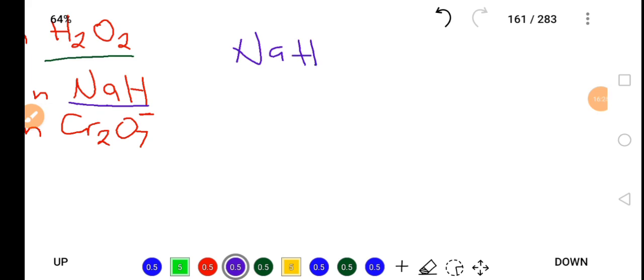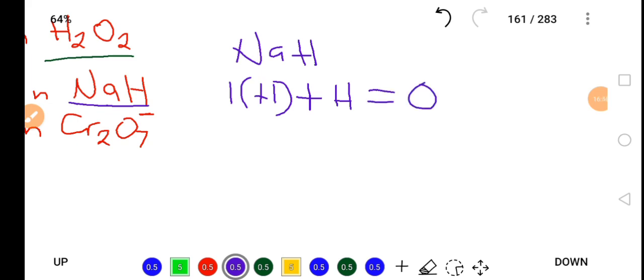Hydrogen is the one which is known as hydride in a compound. So, in this compound, we just have sodium, and the oxidation number of sodium is positive 1, plus hydrogen. The oxidation number we don't know, equals 0.